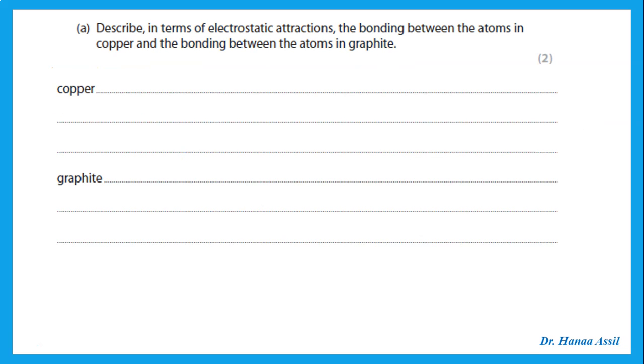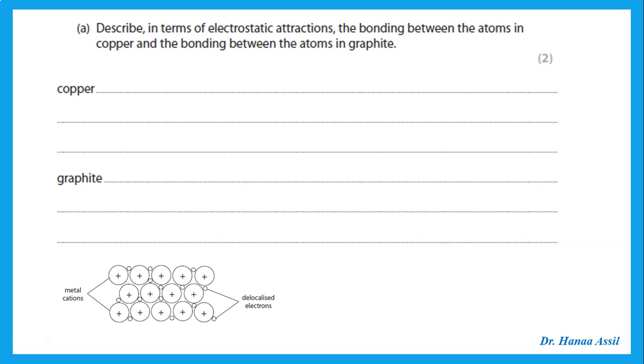What about this other question? It says describe, in terms of electrostatic attractions, the bonding between the atoms in copper and the bonding between the atoms in graphite. What did we say about copper? Copper is a metal. What kind of attraction forces between the atoms do we have?